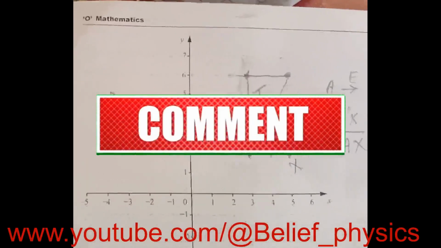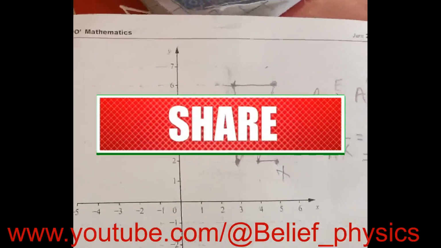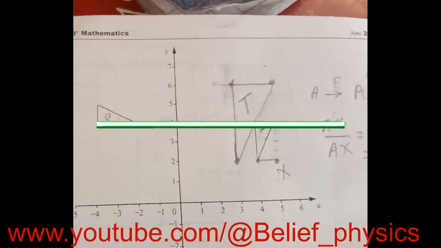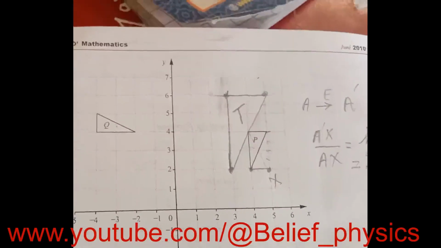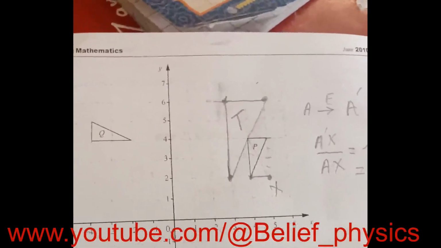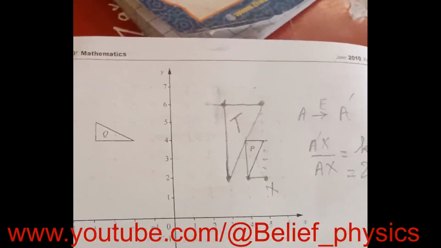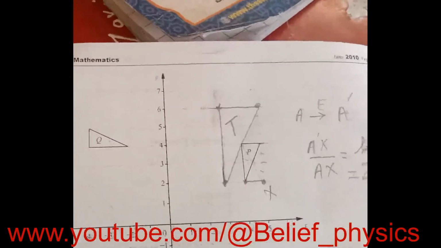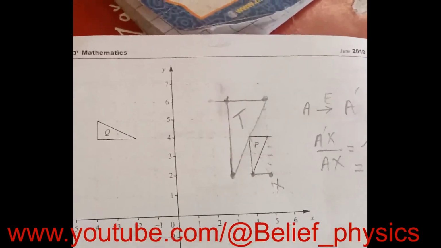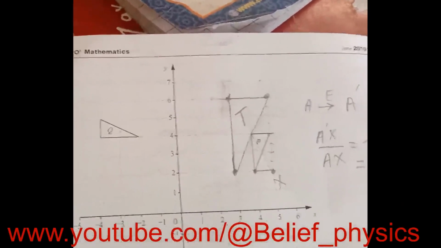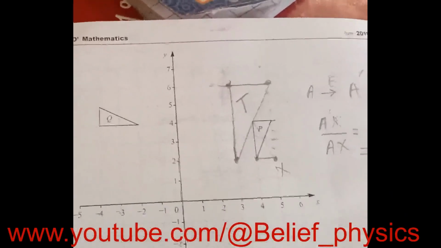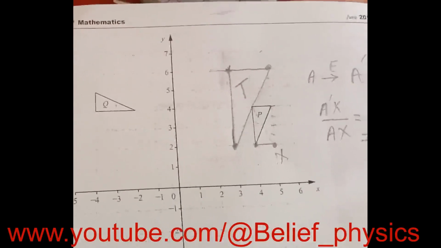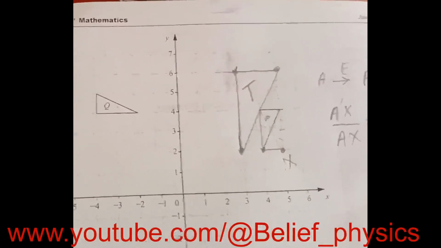I repeat, if we have an object and an image, and we have to find the center of rotation, just draw the perpendicular bisectors of the lines joining corresponding points of the object and the image. The point where the perpendicular bisectors meet each other will be the center of rotation.